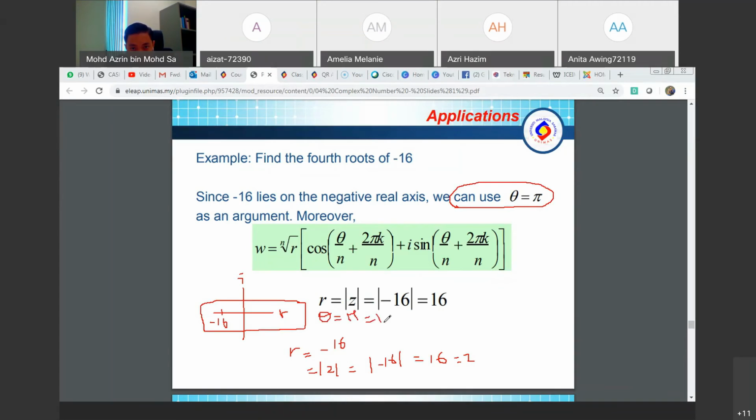Pi is equal to 180 degrees. You can understand from my writing. I didn't buy a pen; next time I will. So that's why R is 16, Z is negative 16, and theta lies on the negative real axis, so theta is equal to pi. Pi is 180 degrees.